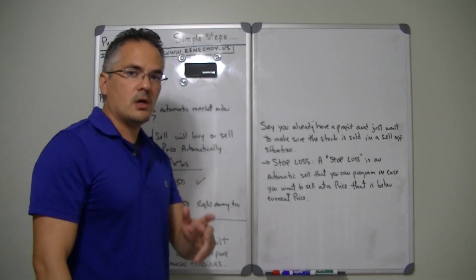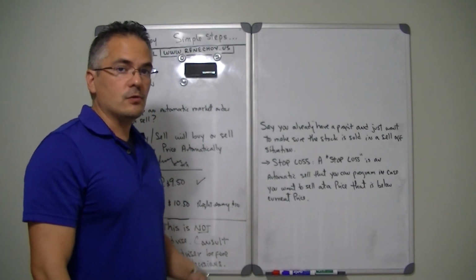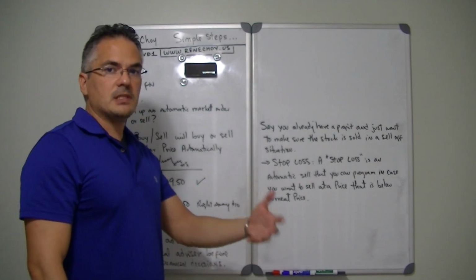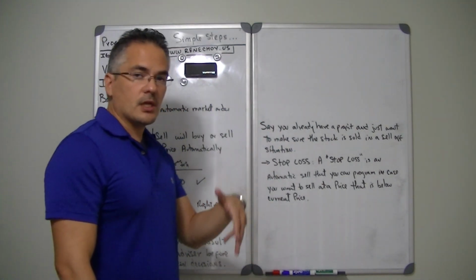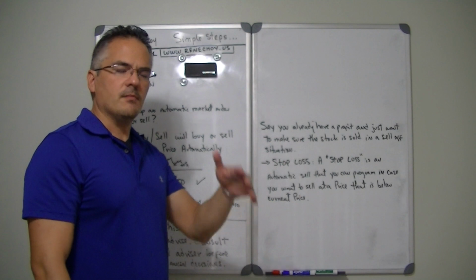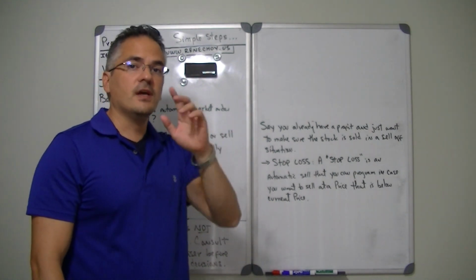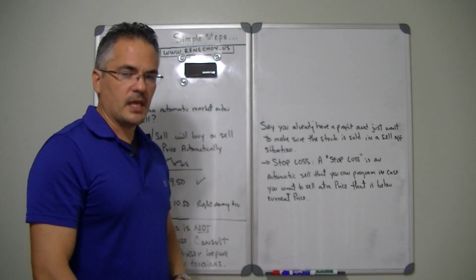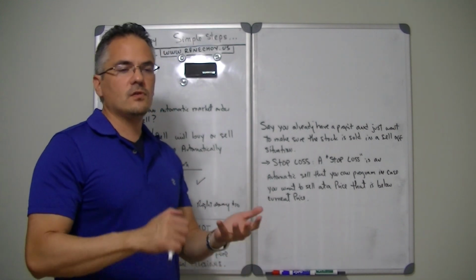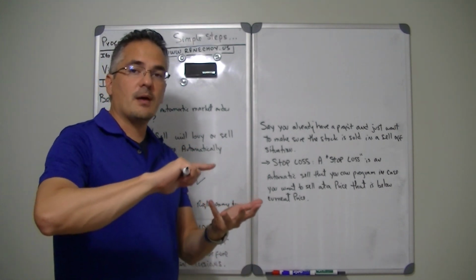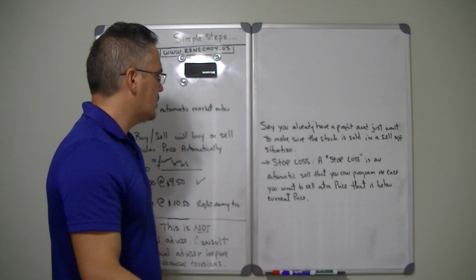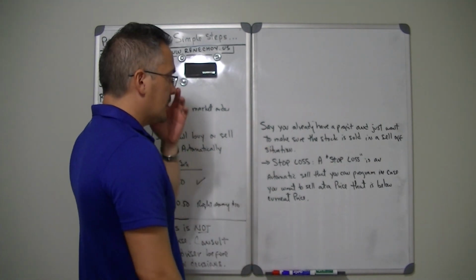A stop loss will allow you to sell at a particular price below the current price, but it will only execute if the price gets to that level. And you could set parameters with percentages, or you could set parameters with prices.